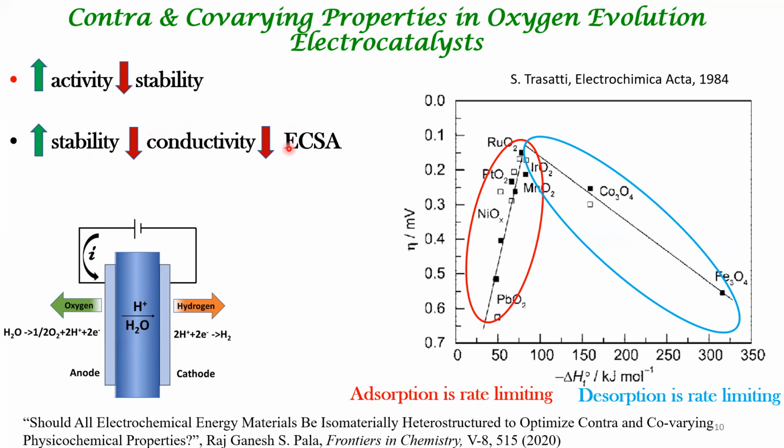So these are contravarying properties, and there are certain scaling relationships introduced by Jens Nørskov's group, which relate to covarying properties. Typically, the energies of reaction intermediates are related in a covarying manner, that also limit the extent to which the efficiency of electrocatalysis can be improved.